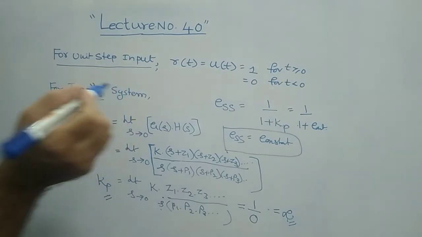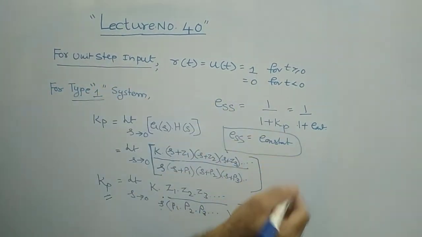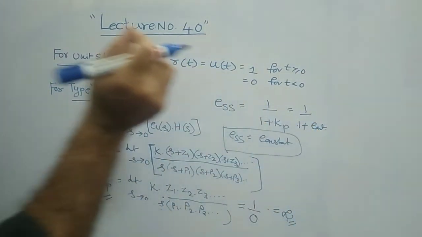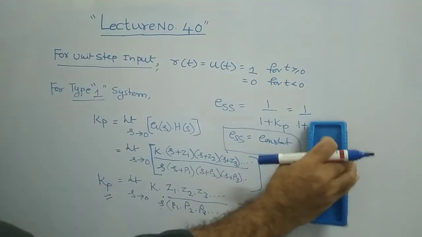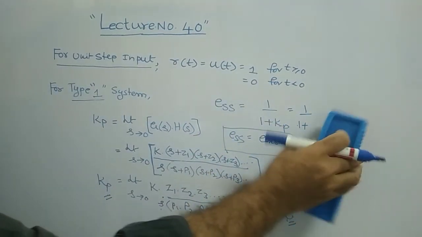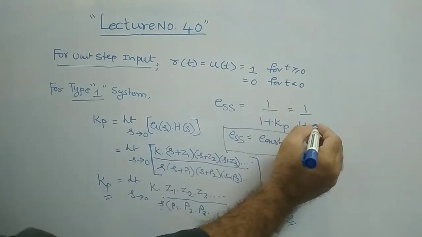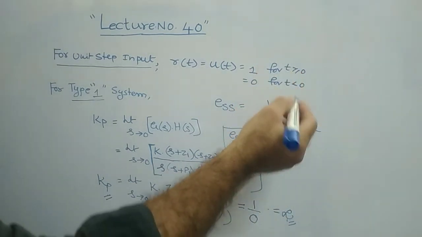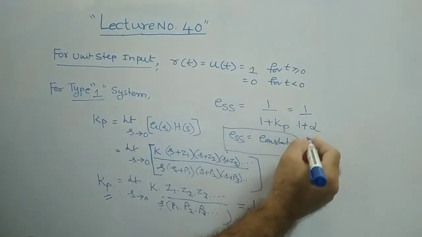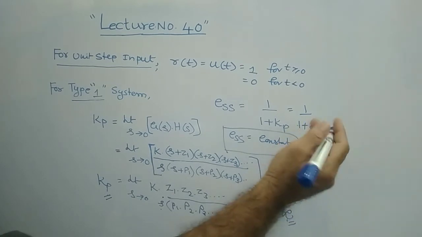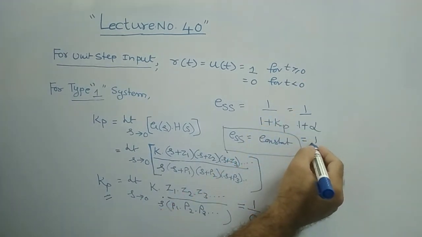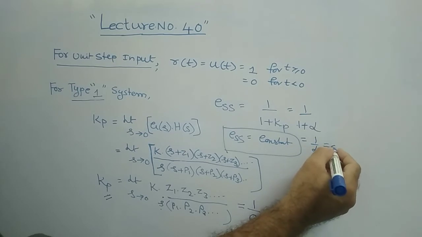Then substitute this Kp, the positional constant, equal to infinite in this definition. Then what is the steady state error for this input? Earlier it was a constant, now it is infinite for a type 1 system. So 1 by (1 plus infinite), which is 1 by infinite, equal to 0.